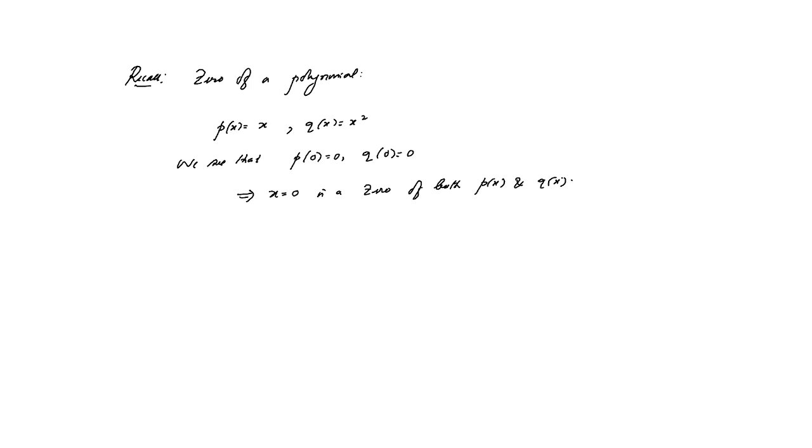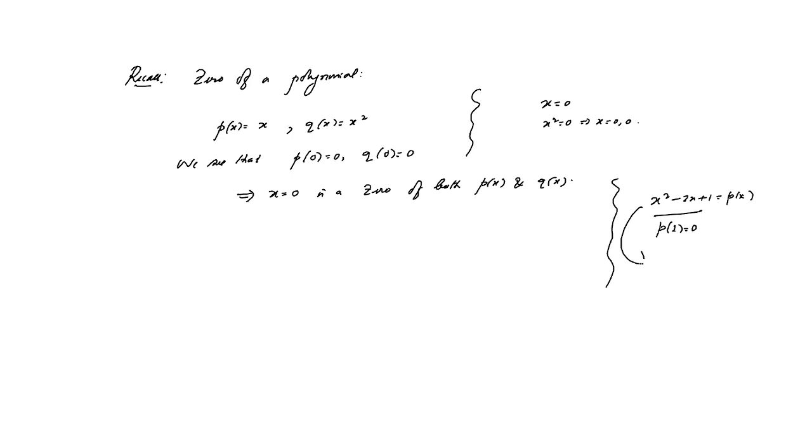So what is the difference here? Here you see the power. If we put x square equals 0, it means 0 is a double root. So here x equals 0 is a zero of order 2, that means a double zero, while for p(x) it is a simple zero. As an example, if we take the polynomial p(x) equals x square minus 2x plus 1, here p of 1 equals 0.